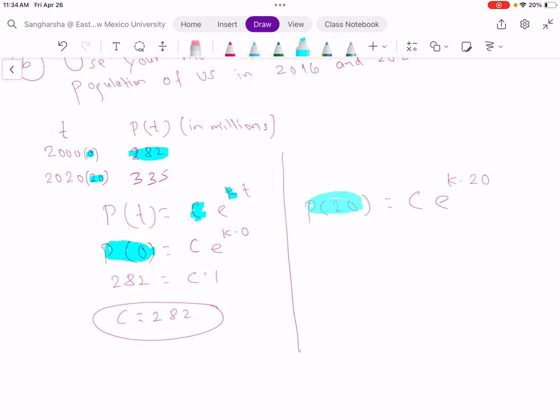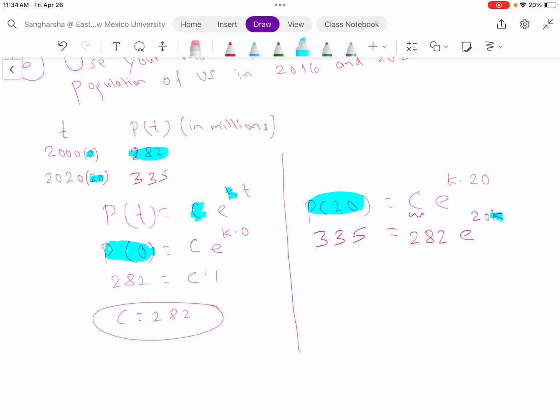What is the population when t is 20? It is 335, right? 335 million. Do we know what c is? We already know c is 282. So we substitute 282 for c, e to the power 20k. So here we are trying to find the value for k.